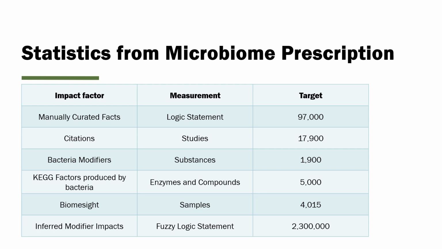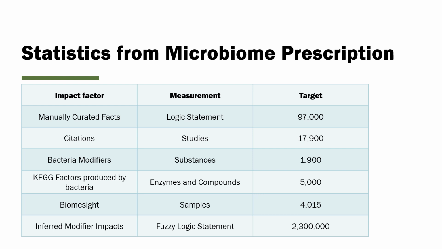Bacteria modifiers, I have a relatively small number. Basically, it was which was most commonly cited in the beginning. I've added it up to about 1,900. A reasonable number is probably closer to 3,000, because there's a whole bunch of things I haven't done.